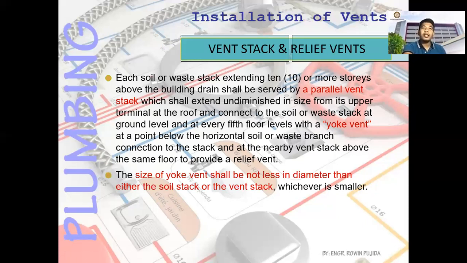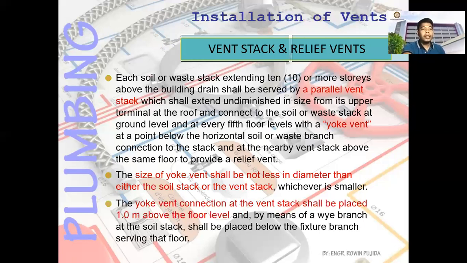So normally we'll use the diameter of the traps, and the diameter of your vent should be the same. The yoke vent connection at the vent stack shall be placed 1 meter above the floor level and by means of Y branch at the soil stack shall be placed below the fixture branch serving that floor.